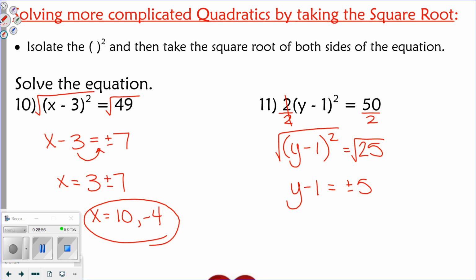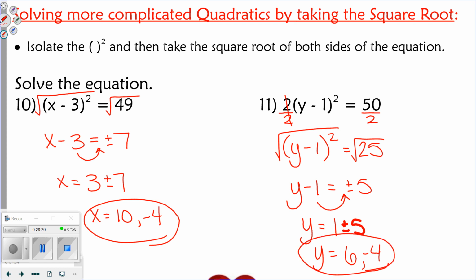And then to get y by itself, plus or minus 5. Do I stop there or do I keep going with that? Keep going, because what's 1 plus 5? Is 6, and 1 minus 5 is negative 4. So I can actually write the two answers, okay?